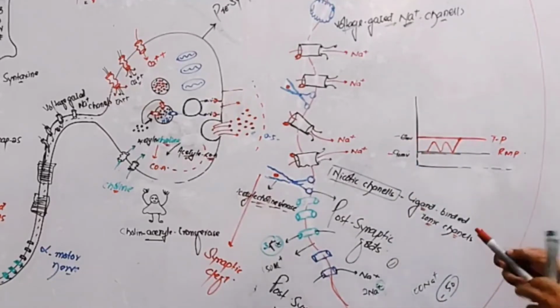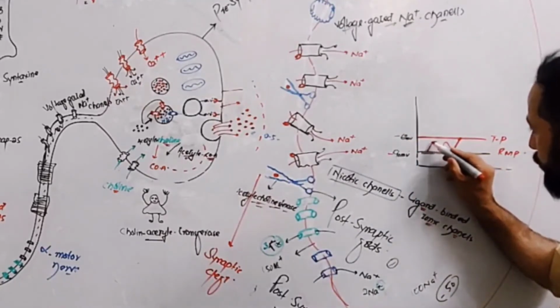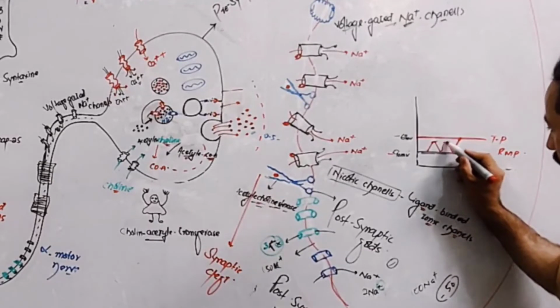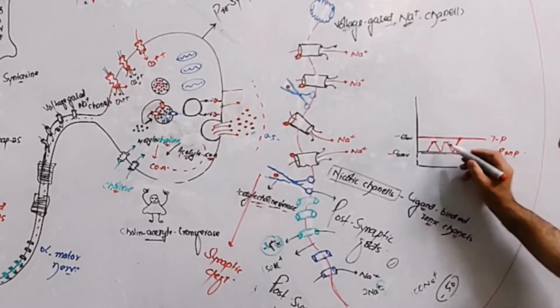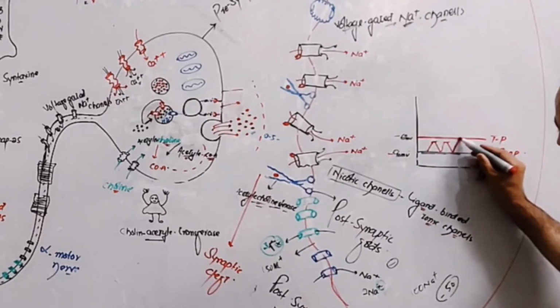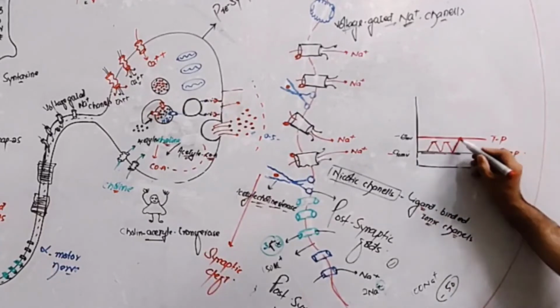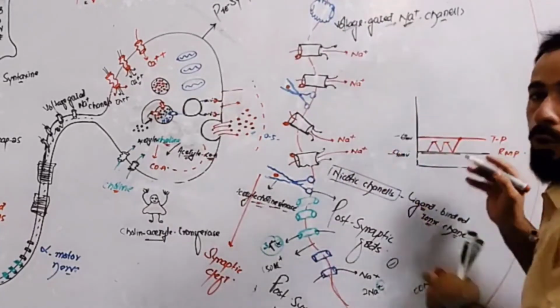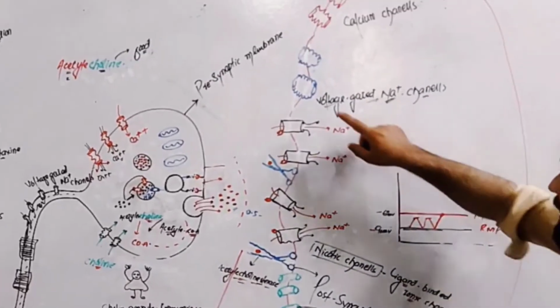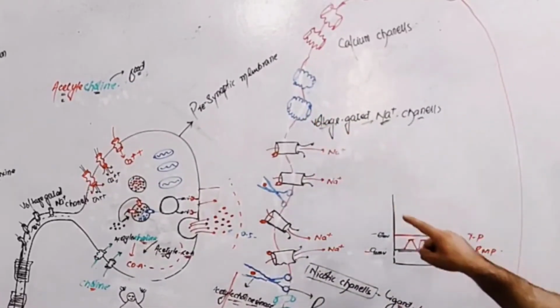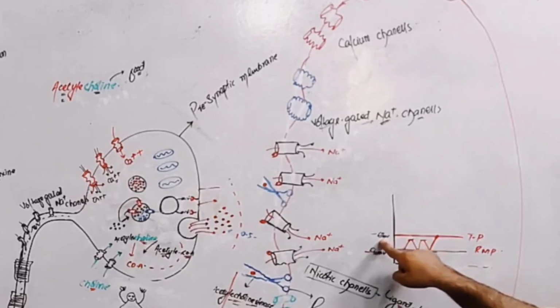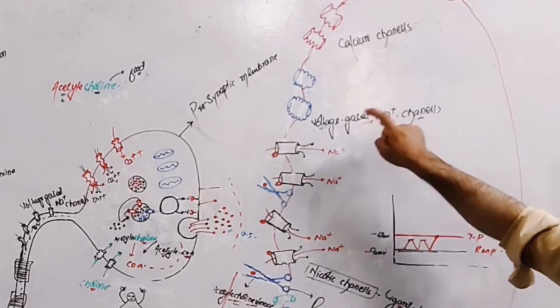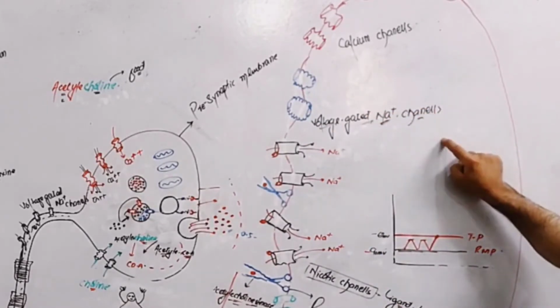Up to here we haven't reached minus 60. But when we touch this threshold potential, these gates will open. So we say these gates open at this specific voltage. That's why we call them voltage gated sodium channels.